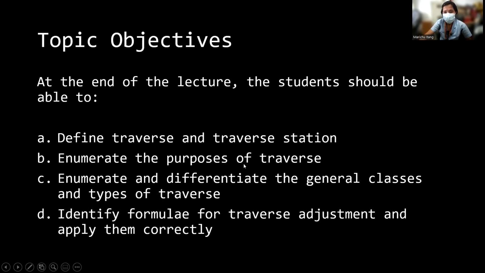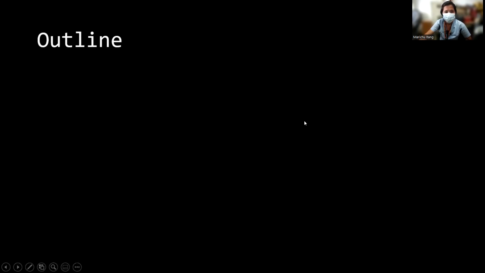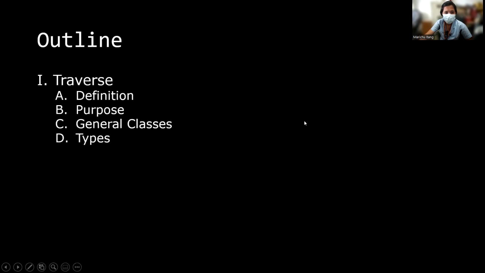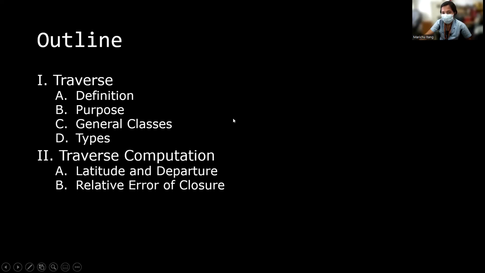So I am going to show you some sample problems in which we are going to employ traverse in traversing and do some adjustment of our traverse. The topic outline that we have here is the definition, the purpose, the general classes, and the types. Then the traverse computation, the latitude and departure.